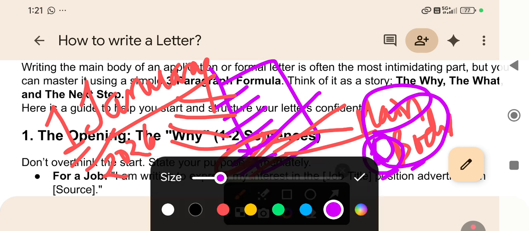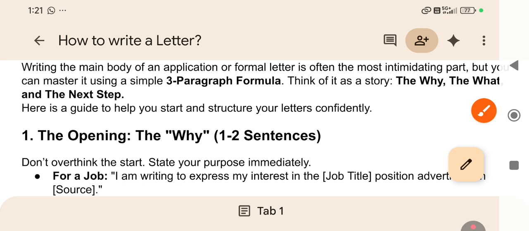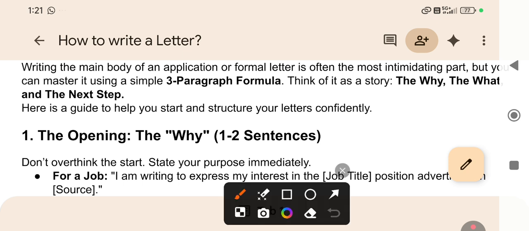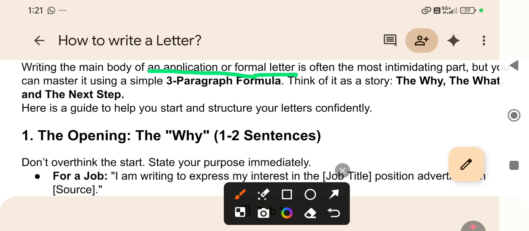Important part, why I'm making this video, our focus is on main body. Main body, how to write, what not to write. So this video is on the main body of a letter. So let us start. Writing the main body of an application or formal letter is often the most intimidating part, very important.